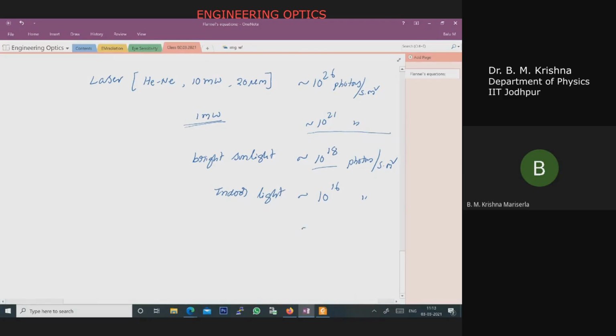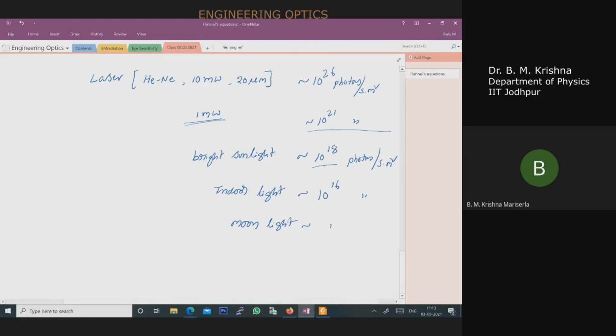Now if you compare the other common source we observe in our surroundings, that is moonlight. We were talking about sunlight; now the moonlight contains 10 total photons per second per meter square.